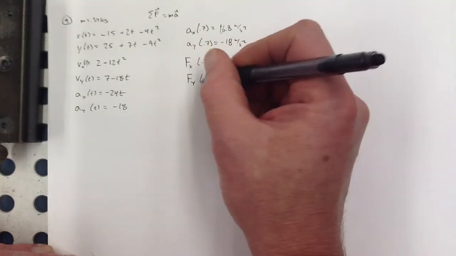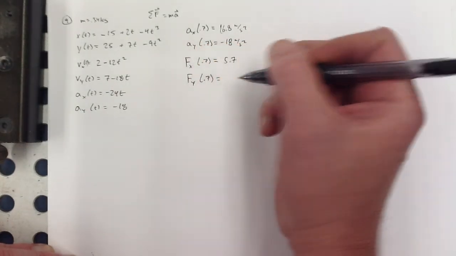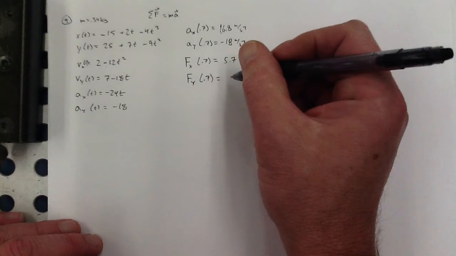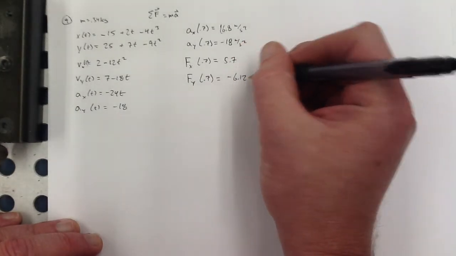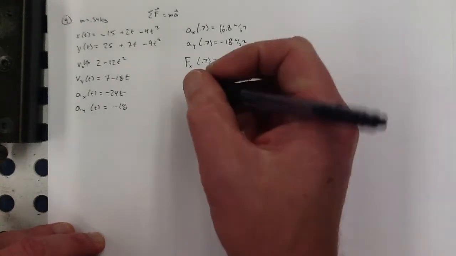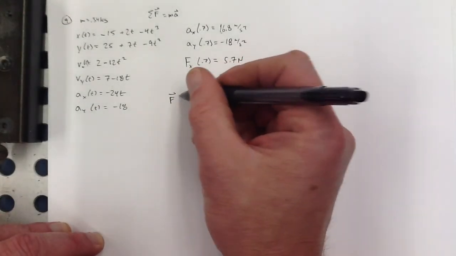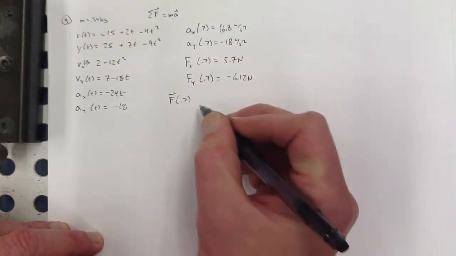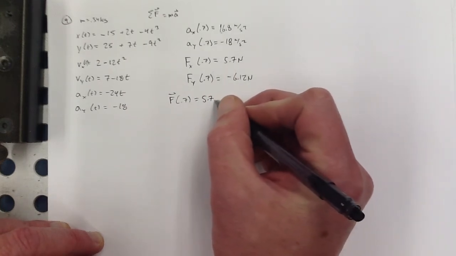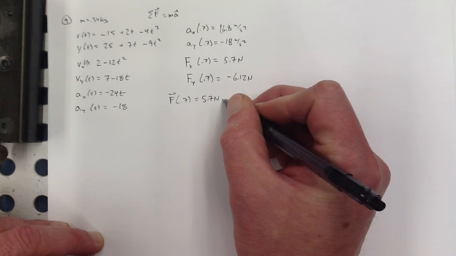And the y direction, of course you could just write this the whole time. You could say that the force at time 0.7 is equal to 5.7 newtons I direction.